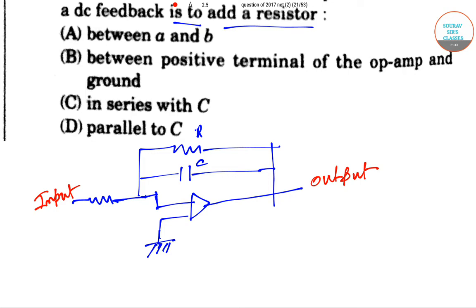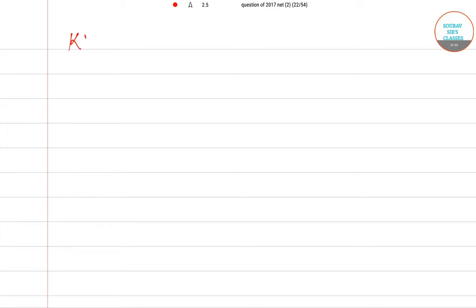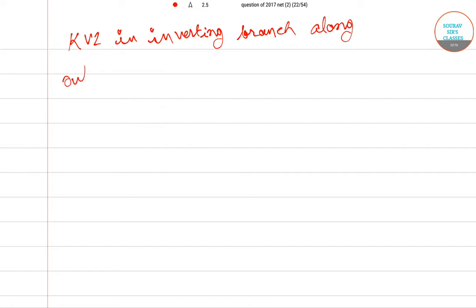So now applying KVL in the inverting branch along the output to input loop.